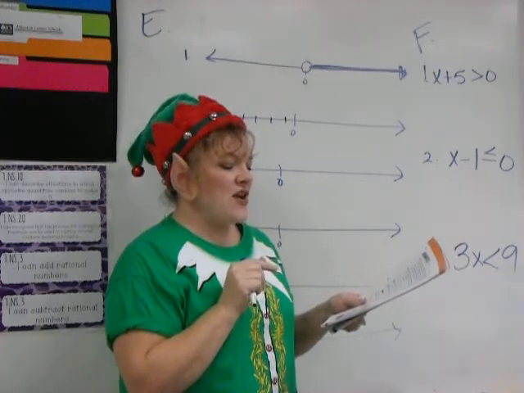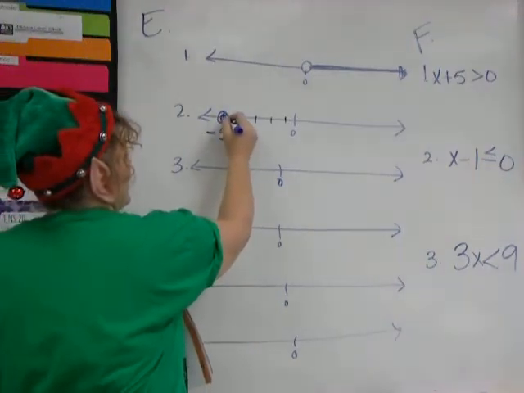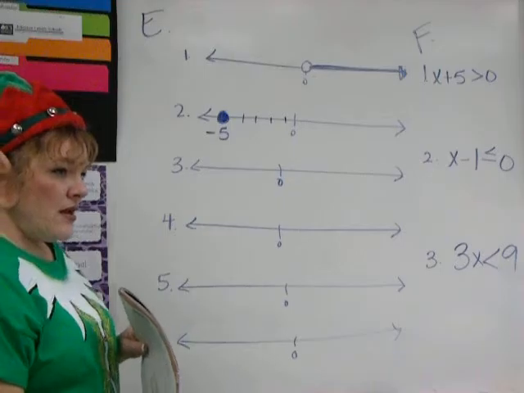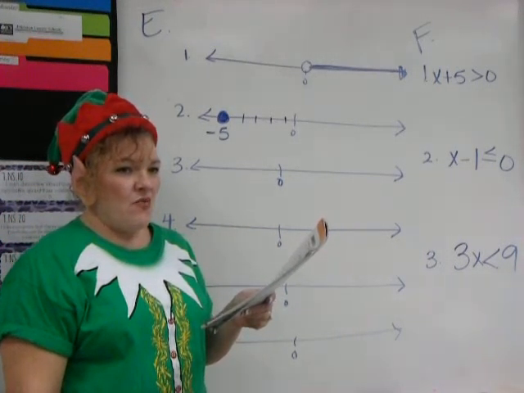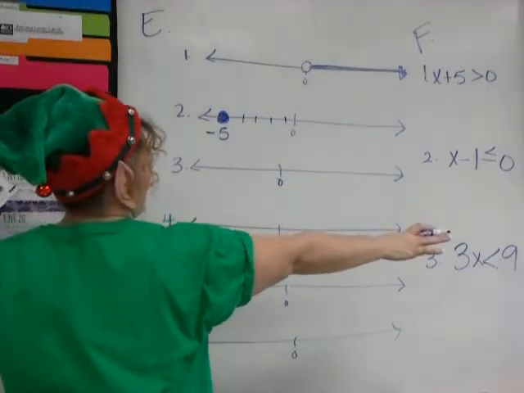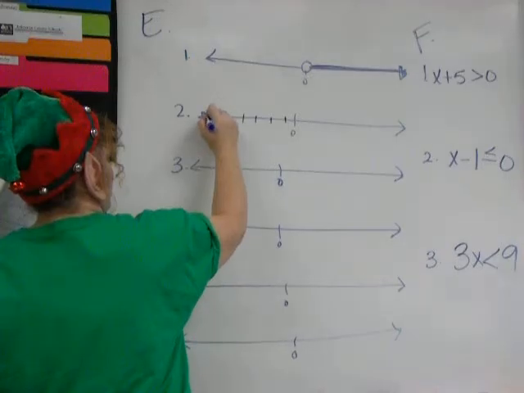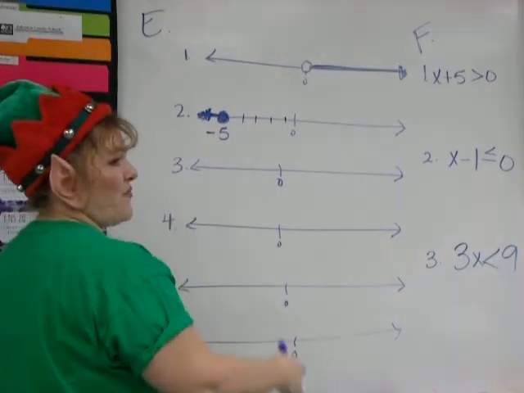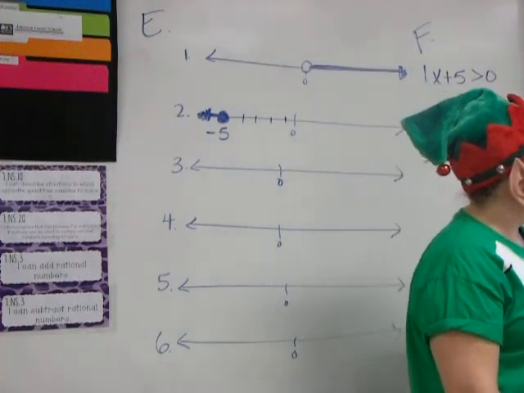X is less than or equal to -5. Because -5 is included, I have to color it in. And then it said it is less than. Which numbers are less than -5? To the right or to the left? To the left. These numbers are smaller, so we graph all the rest of those negative numbers.